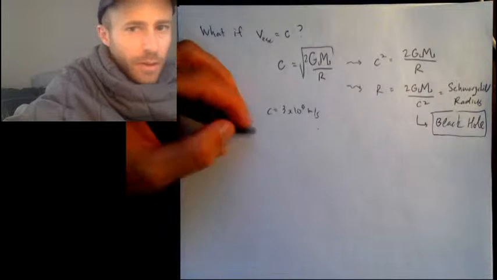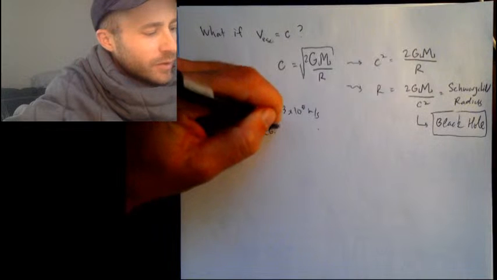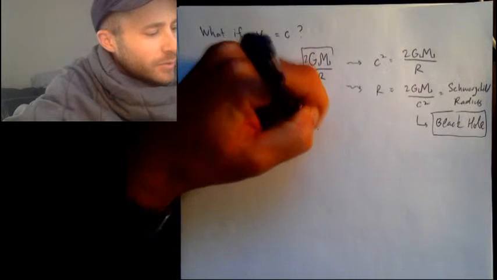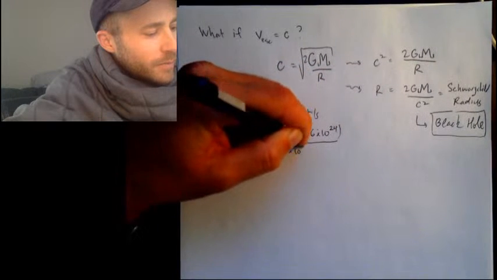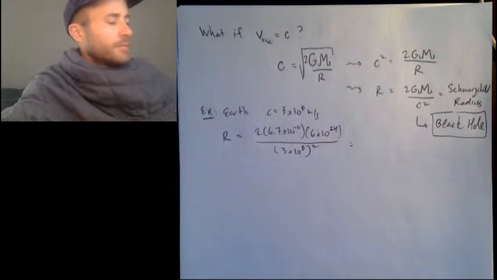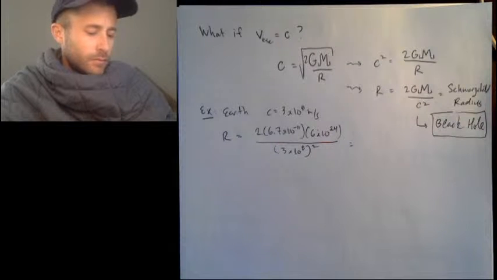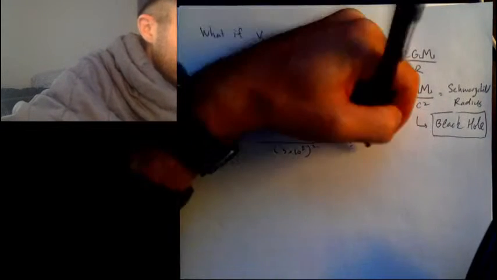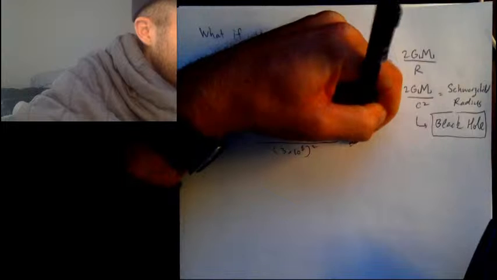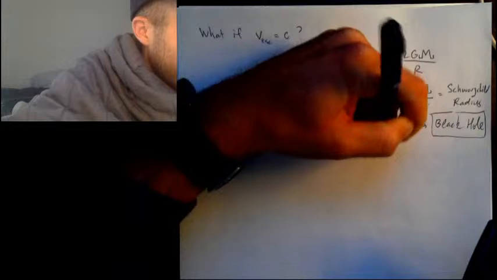So the Schwarzschild radius of the Earth is going to be 2 times 6.7 times 10 to the minus 11 times 6 times 10 to the 24th divided by the speed of light squared. And we get a radius of approximately 1 centimeter.